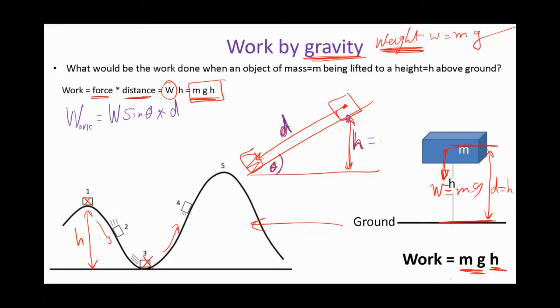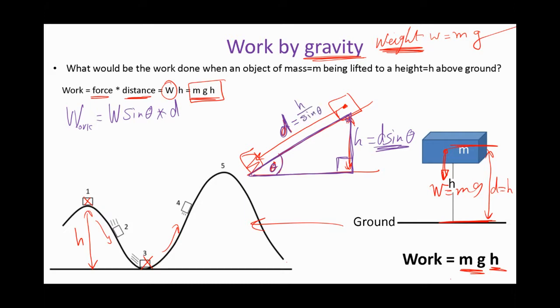This is a right angle triangle. So the height h equals d sine theta, or we can say d equals h over sine theta.